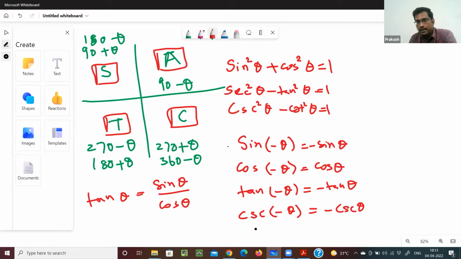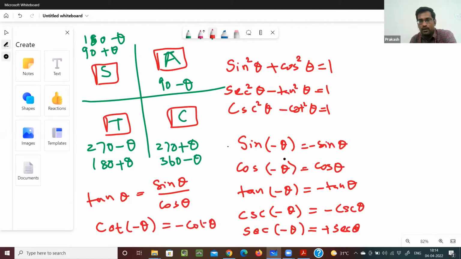And secant of minus theta is equal to minus, this is a plus because secant is 1 by cos. So therefore, this is secant theta. And even cot theta is 1 by tan theta. So cot of minus theta is also minus cot theta.